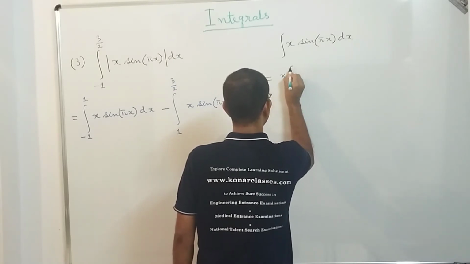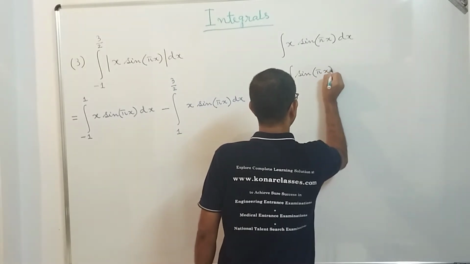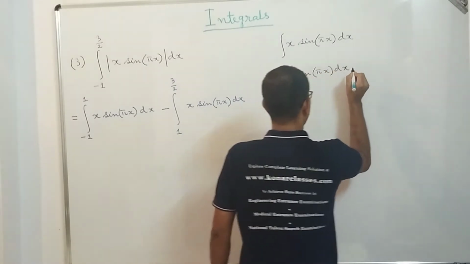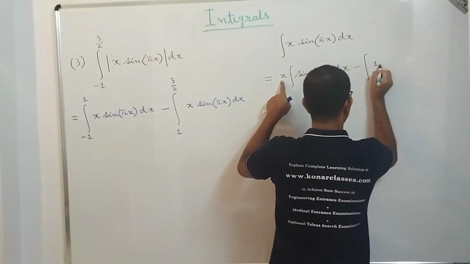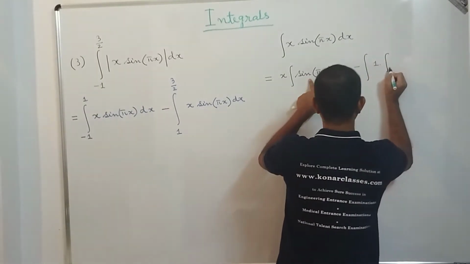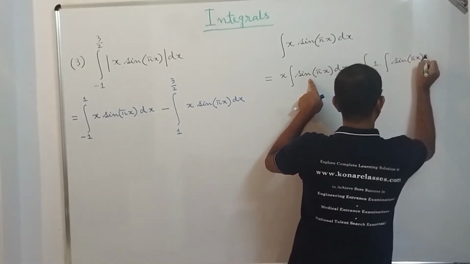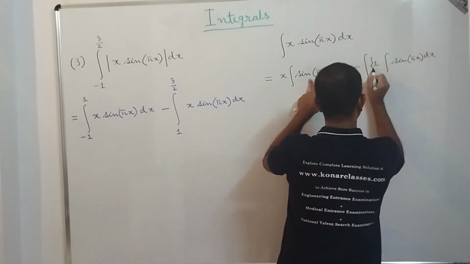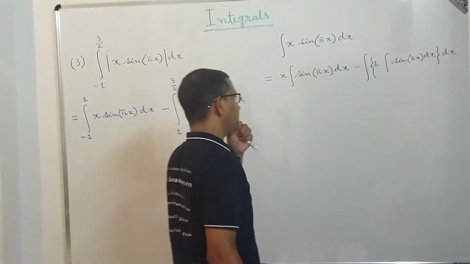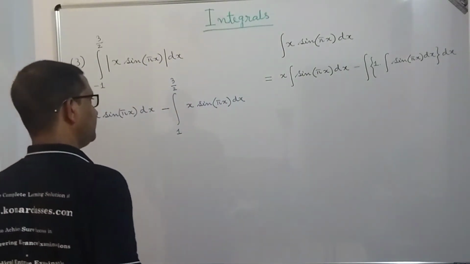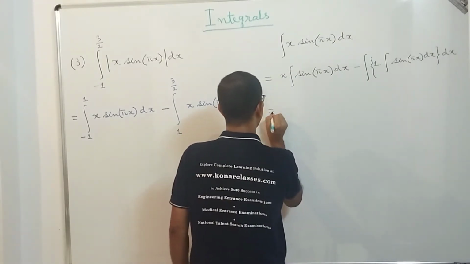So x into integration sin pi x dx, okay, minus integration d dx of x, that is equal to 1 into integration sin pi x dx and whole integration. Correct? By this time you all are very matured in performing integration by parts, so hence I am not explaining in details. So this is equal to what, dear students?